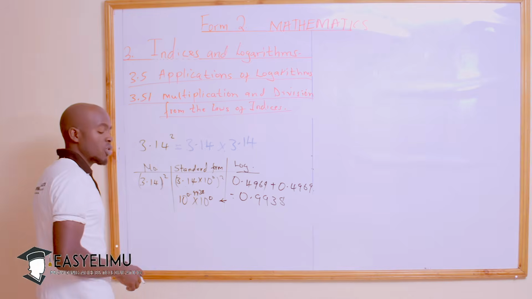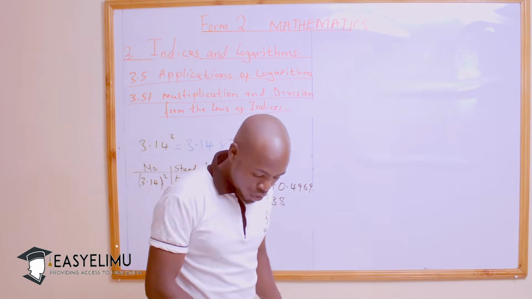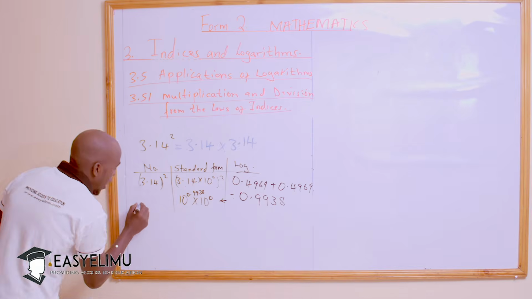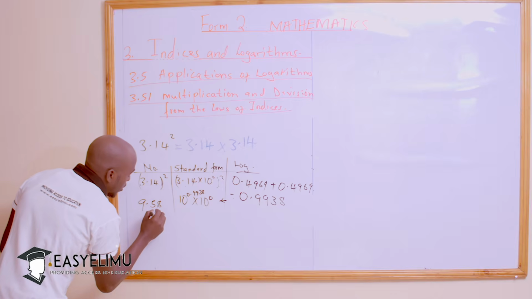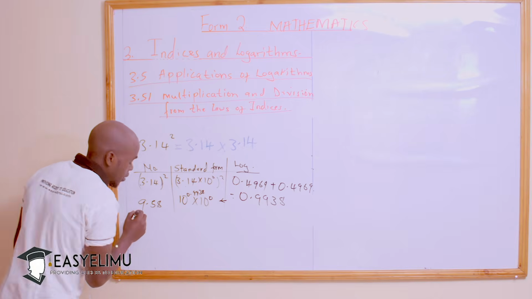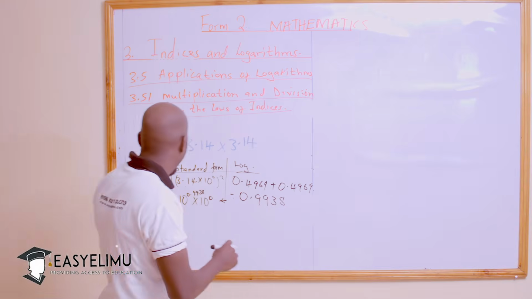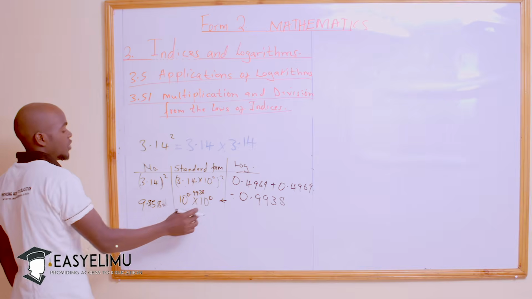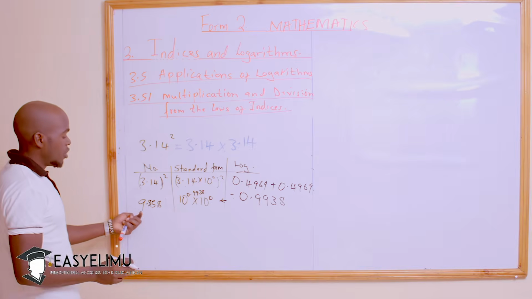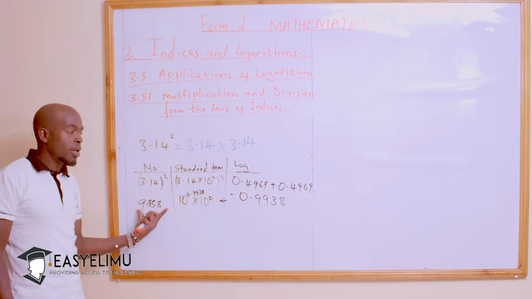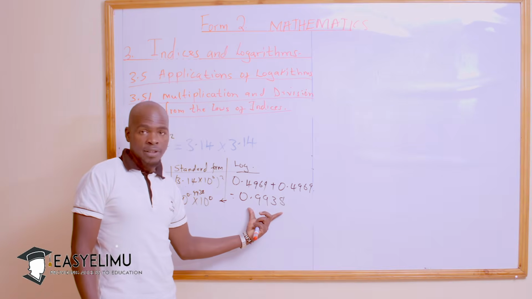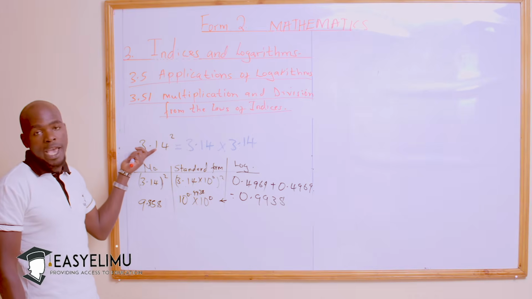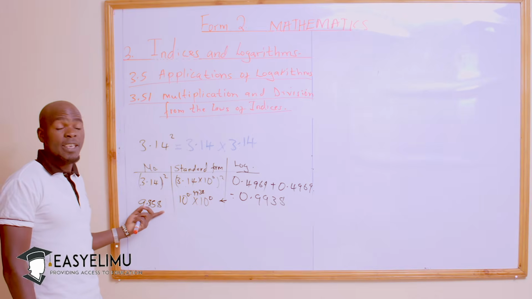So we need that number. We are going to use anti-logarithm to find the number, and you will find the number is 9.858. So it's to the power 10 raised to 0, so that is what you will have. If you find the logarithm of this number, you are going to find this. But the anti-logarithm of that, you will find this. And if you compute it out directly by long division, you will find you are having the same answer.